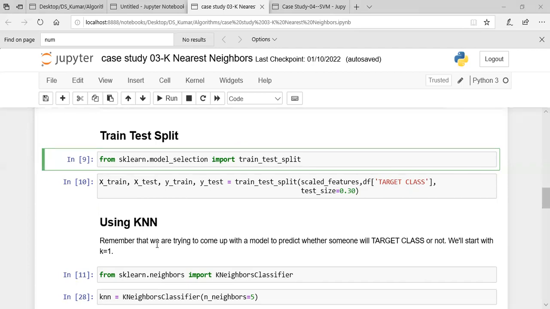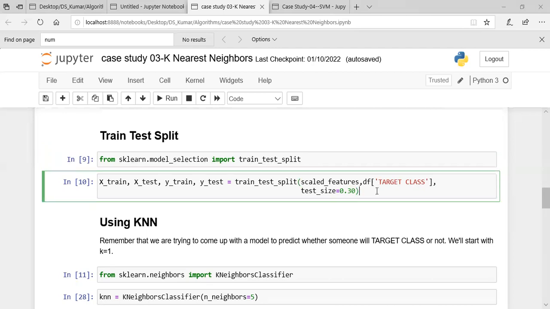You can make use of that, but commonly nowadays we are not emphasizing k-fold cross validation or those kinds of things. With model selection itself, they have optimized the performance, so we directly make use of model selection and apply the train test split.